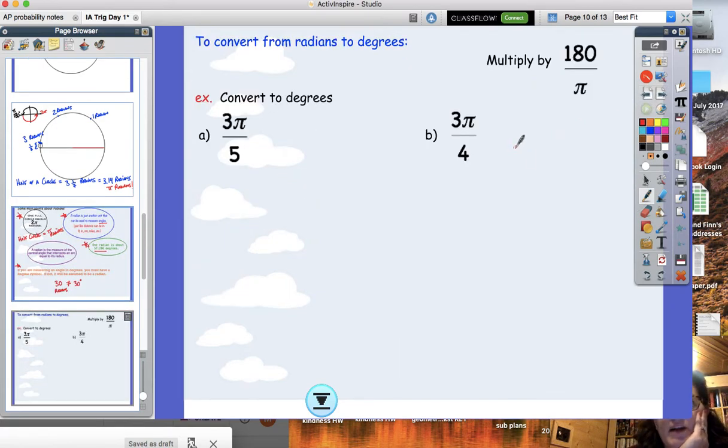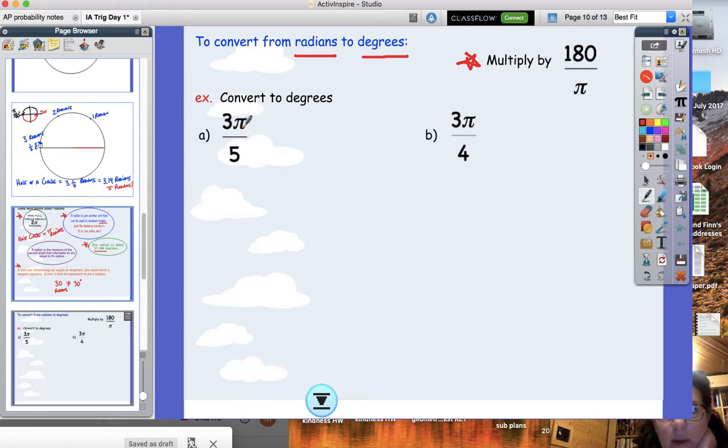All right, so we're going to practice converting between degrees and radians. If I want to go from radians to degrees, this is what I'm going to do: multiply by 180 over pi. Stop this video and write that down. So here is an example of what radians are going to look like.